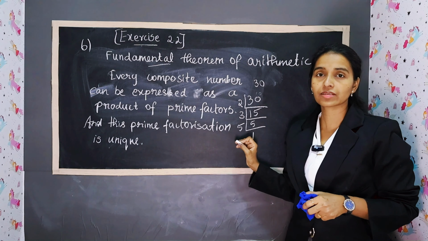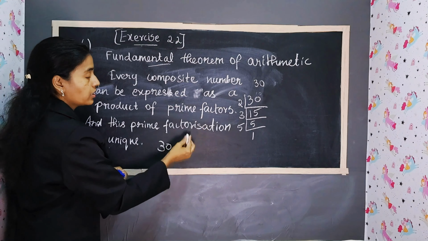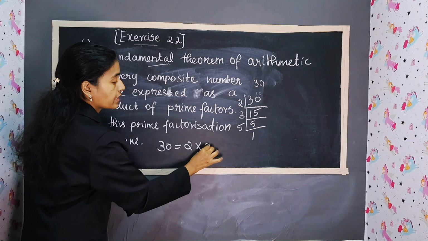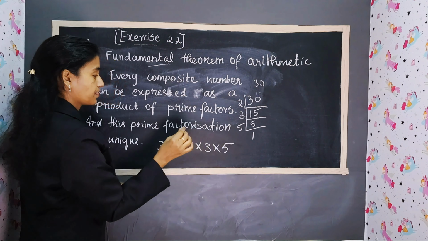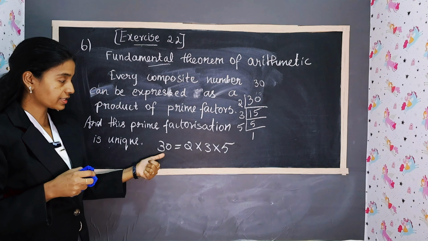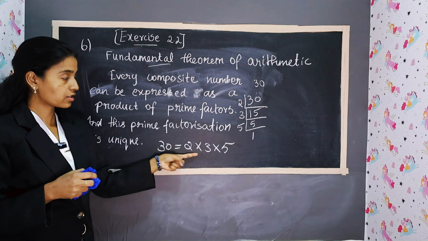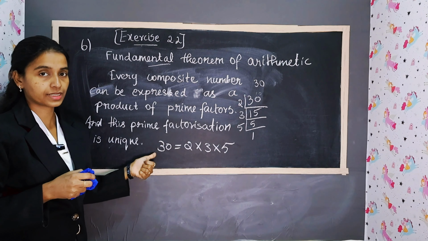How can we write this? We can write 30 equals 2 into 3 into 5. These are all the prime factors of the number 30.